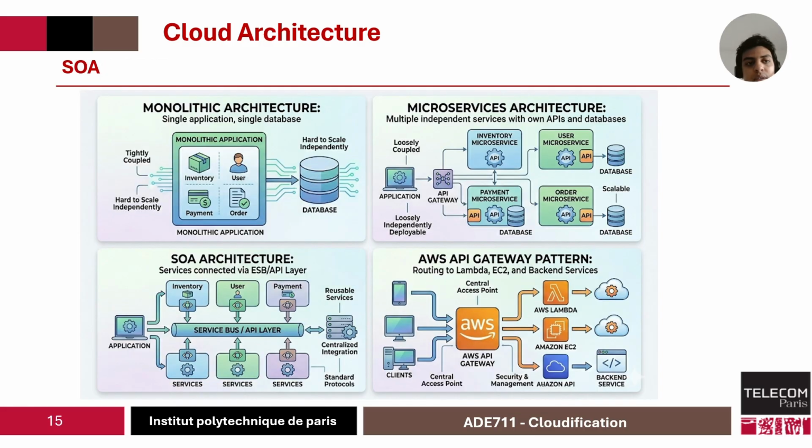And for SOA, which is service-oriented architecture, we have the monolithic architecture, a single application with a single database, and we have the microservices architecture, where everything is described as a microservice, of course thanks to APIs.